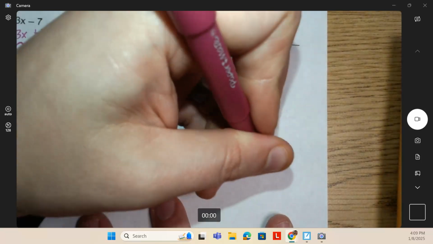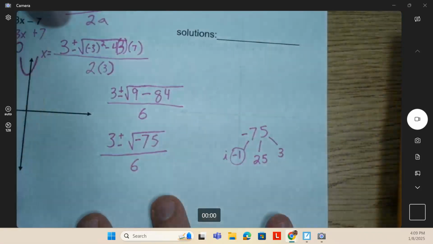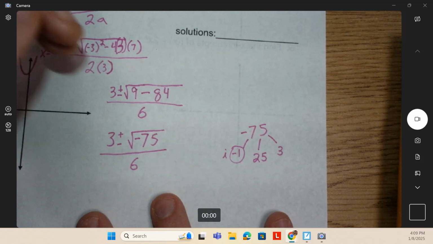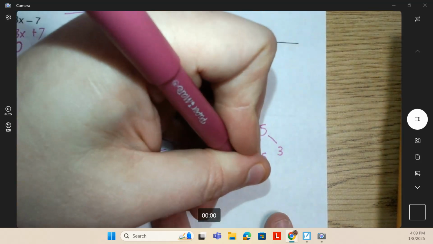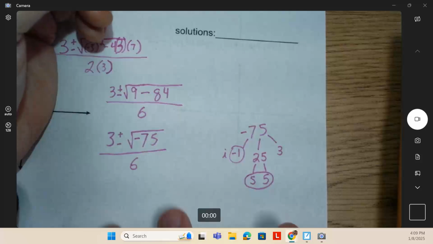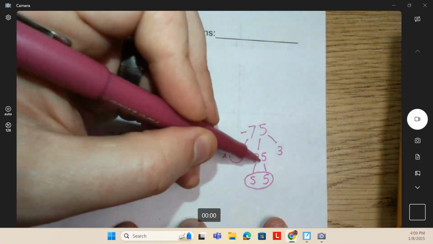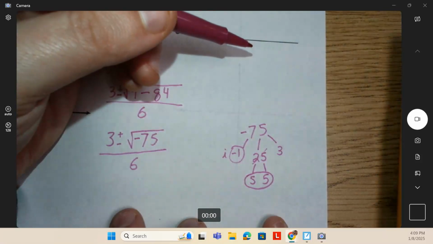Then for 75, well, I know 25 and 3 would equal 75. And 25 splits up to 5 and 5, which combine together to put a 5 on the outside.